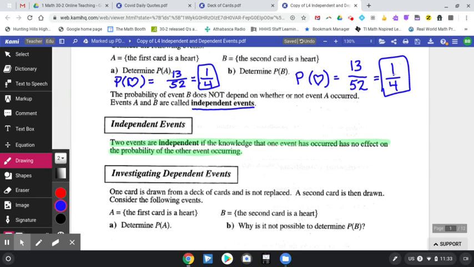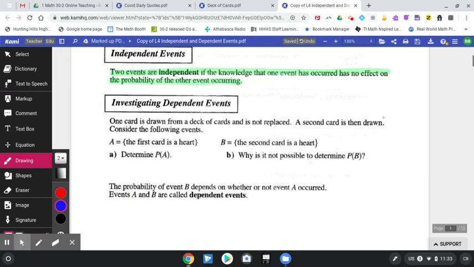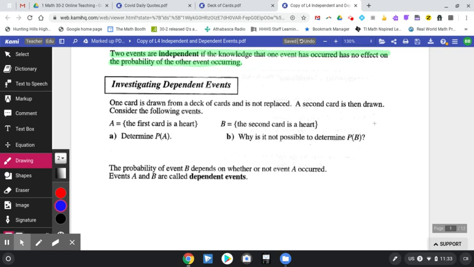All right, investigation of dependent events. One card is drawn from a deck of cards and is not replaced. A second card is then drawn. Consider the following events. So same events as we had in the first investigation. We're going to determine that the first card is a heart.